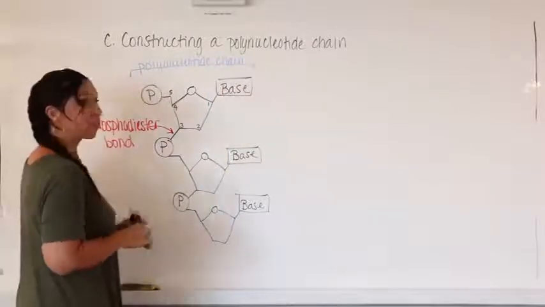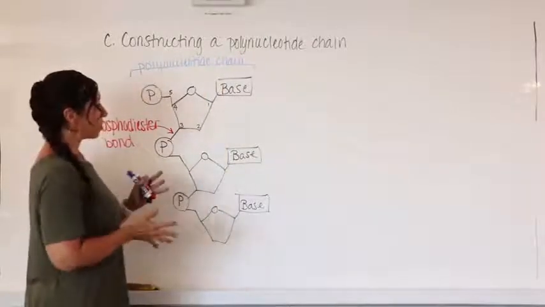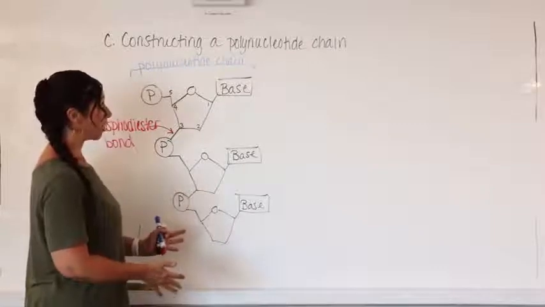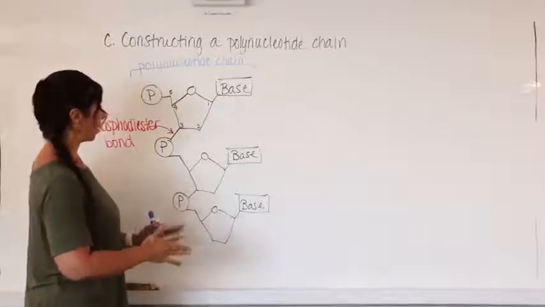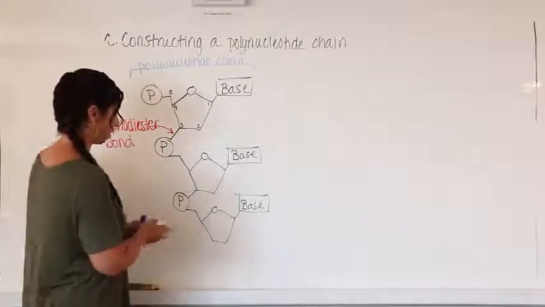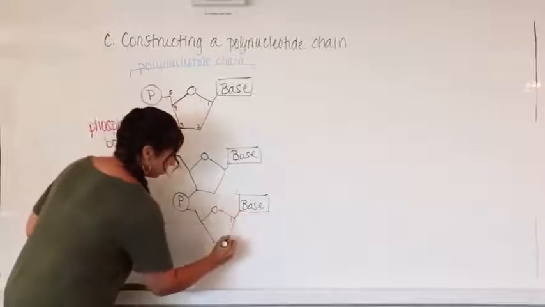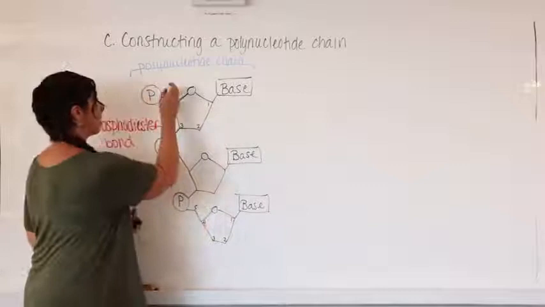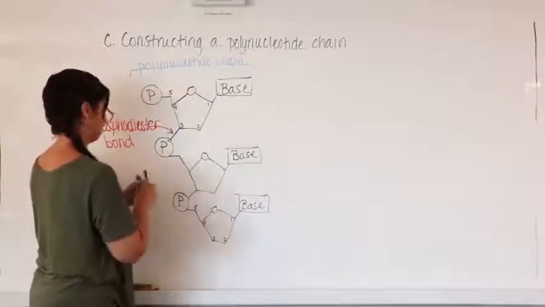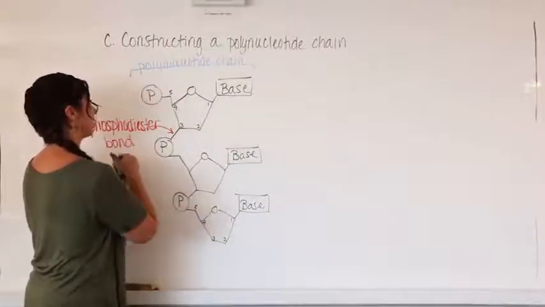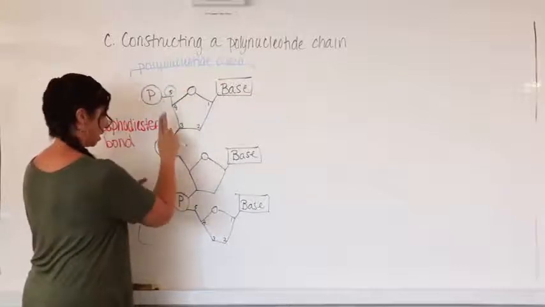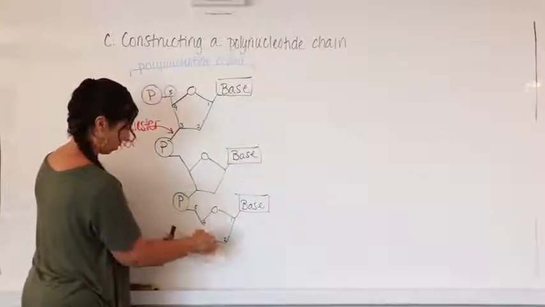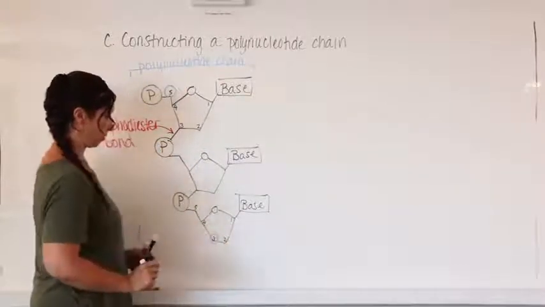And the other thing I want you to realize is the order of how the polynucleotide chain is going. If you're counting the carbons, is what we have to do in the DNA world. I have my number 5 carbon facing up in this direction, and my number 3 carbon, the closest one to the bottom, in that direction.